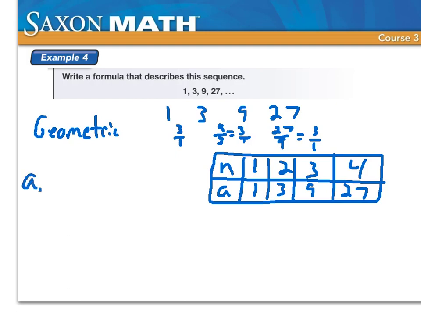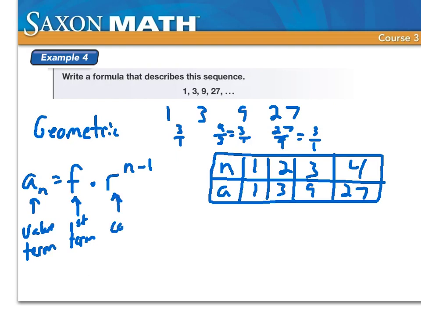The value of a certain term is the first term times the constant ratio to this power. And this means the value of the term again. This means the first term.